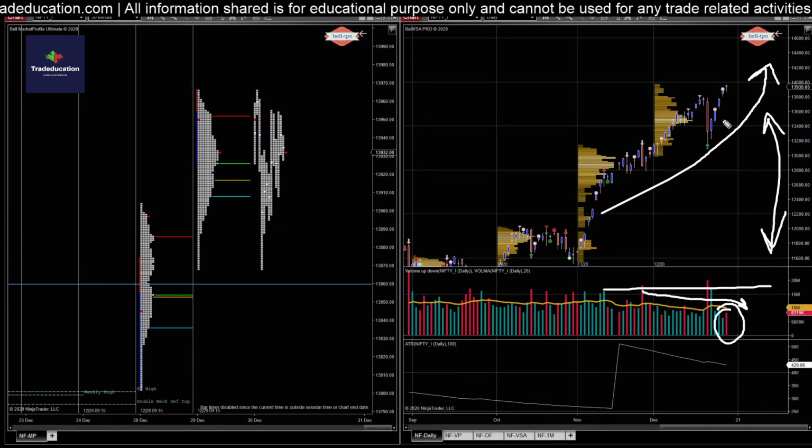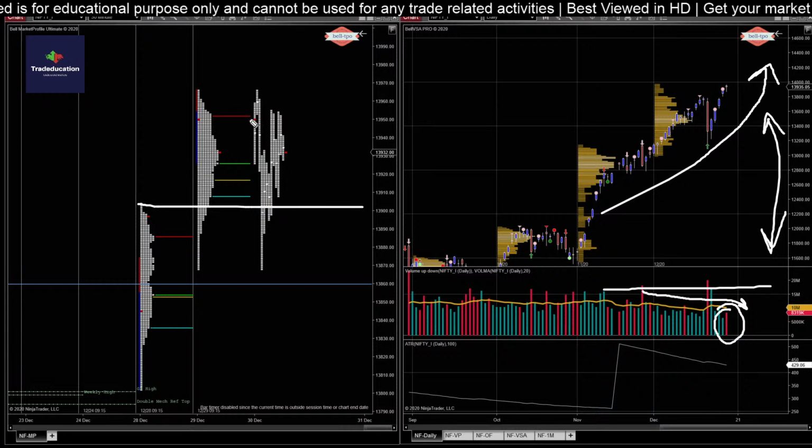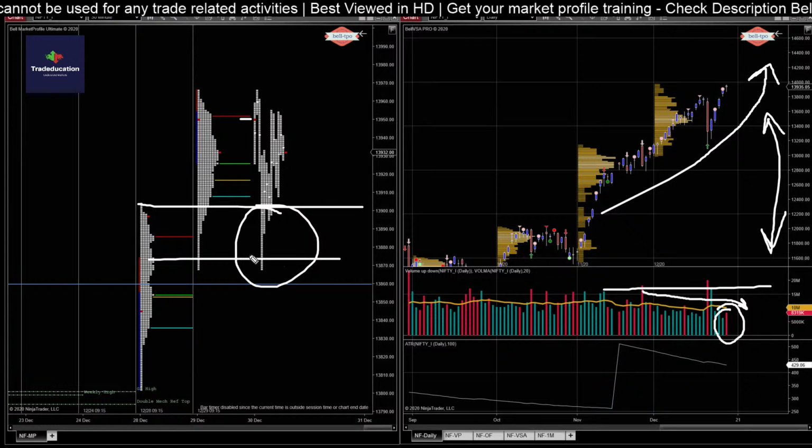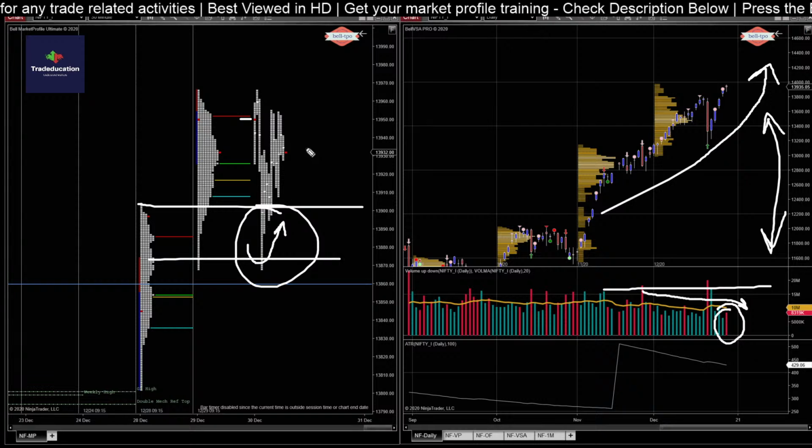Second thing which is happening is a lot of laggards are the ones who are currently taking the auction higher. Okay, so we had a gap yesterday, so this is where the auction opened, and this particular gap was filled yesterday. Okay, and this was around one of the HVN levels, and that's where the auction just reversed and went higher.